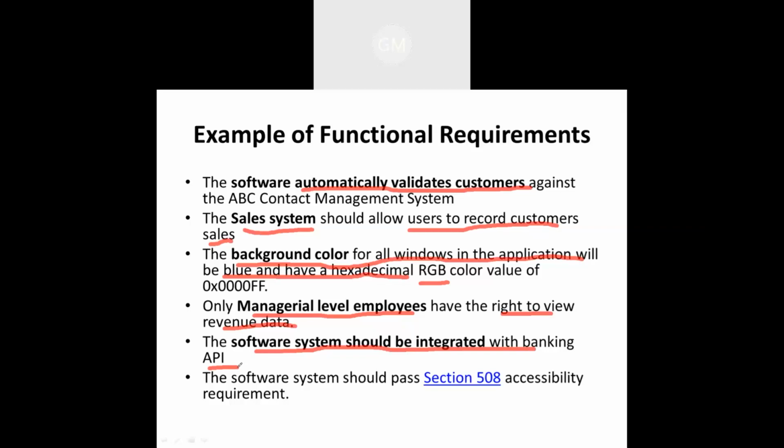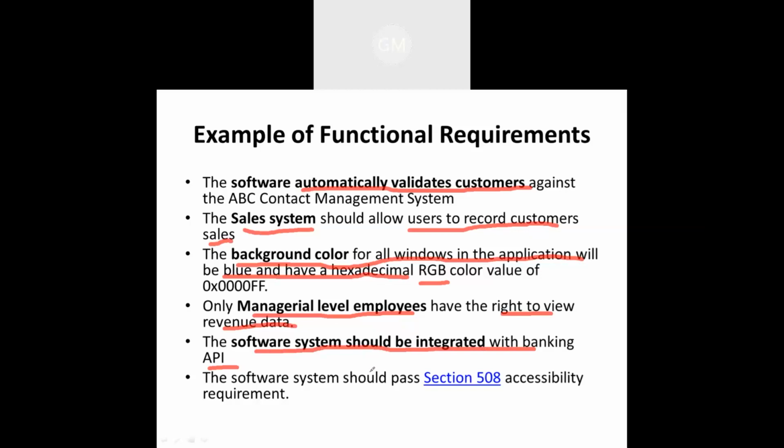Whenever you put a particular item into the cart, after that, immediately if you say that you want to buy this, it will go to that banking portal and you need to put in your information. Then online you can easily buy that particular product. So the software system should be integrated with the bank with the help of the banking API. This is the best example of a functional requirement.